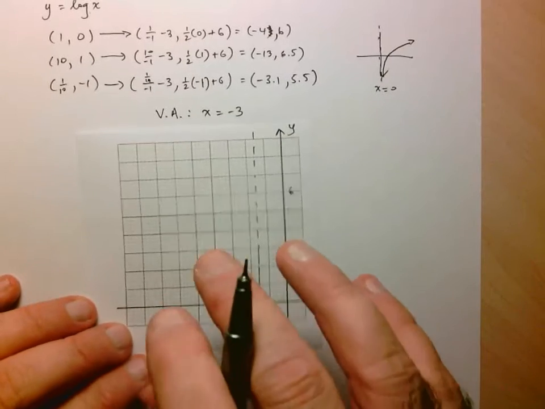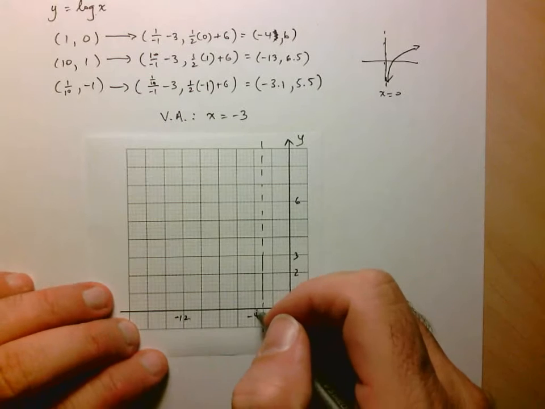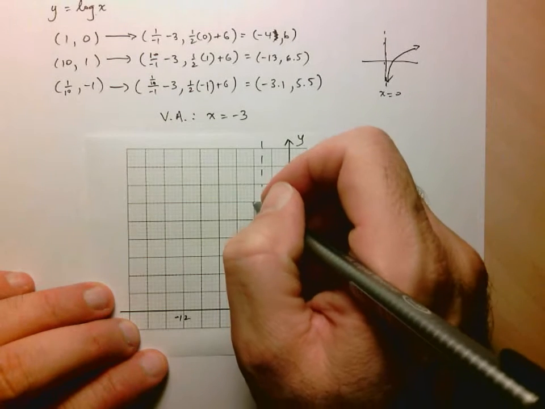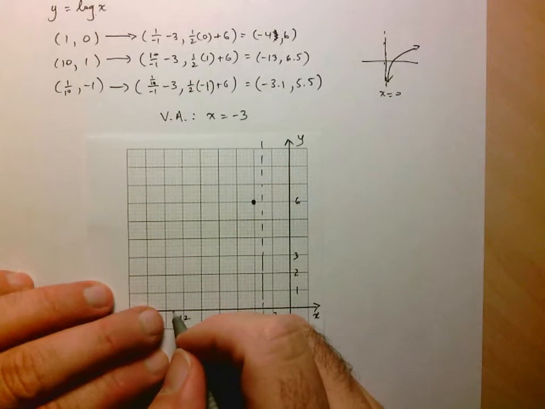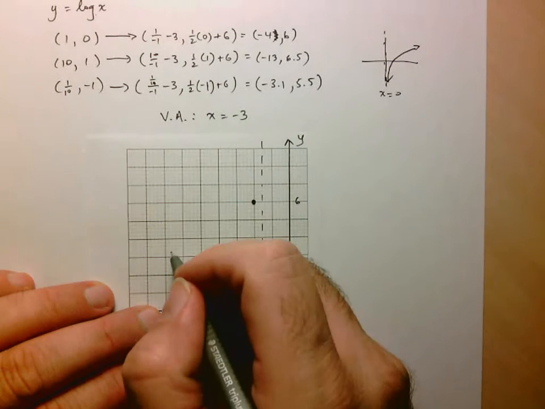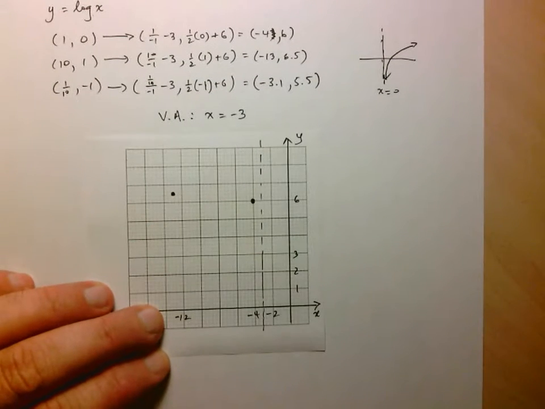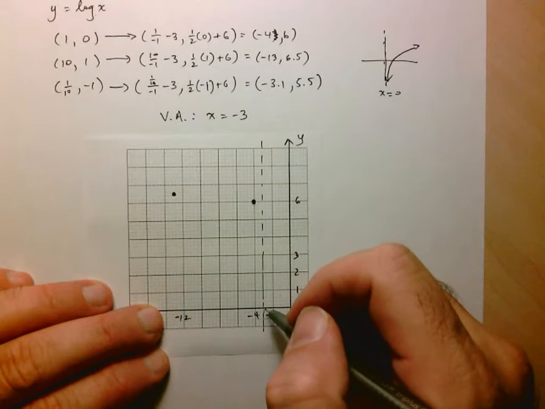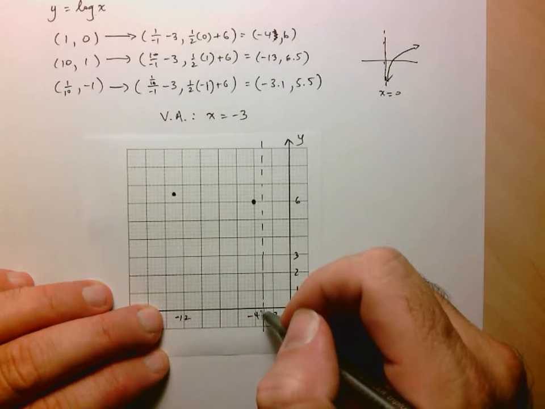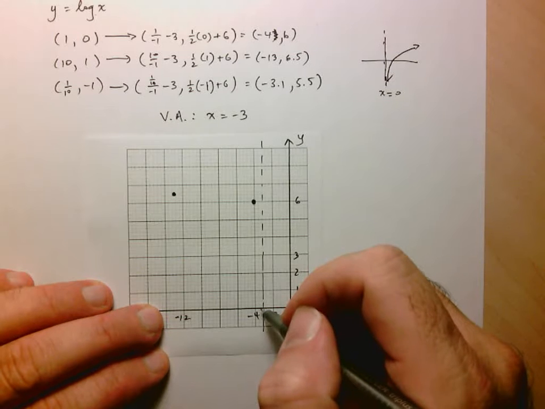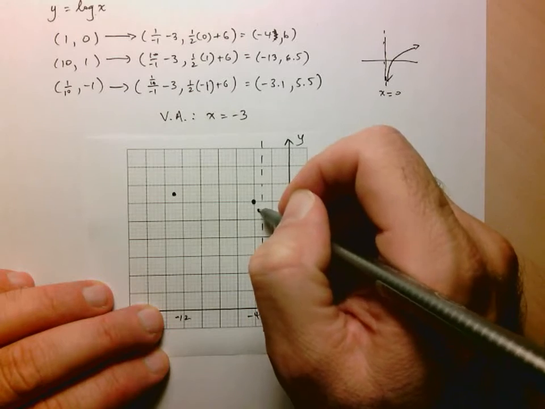It's really important to get the good structure before you plot your points. Here we have -4 and 6. There's 1 point there. Here we have -13 all the way down there, and that's going to be 6.5, so right around there. And then our last point is -3.1, so very, very close to the vertical asymptote, and that's going to be equal to 5.5. So it's going to be somewhere there.